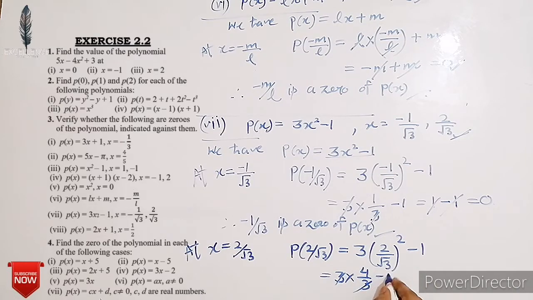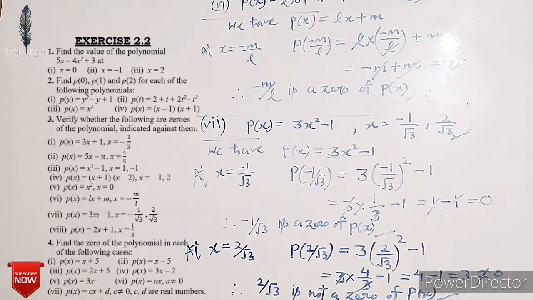Here 3 to 3 cancel, minus 1 is equals to 4 minus 1 is equals to 3. It is not equals to 0. So 2 upon under root 3 is not a 0 of P of x. Clear, students?